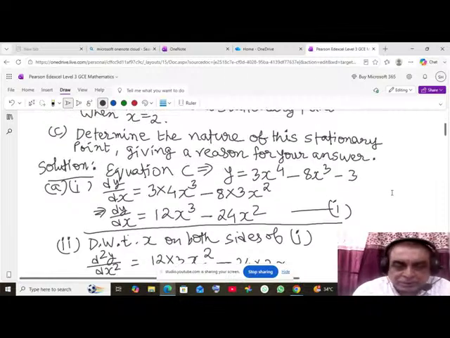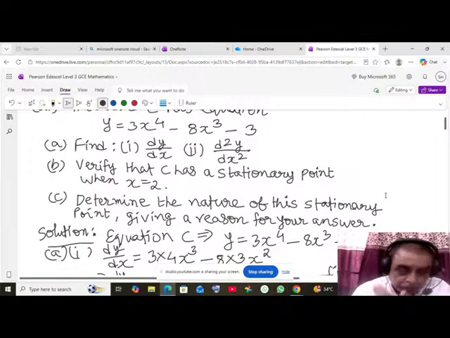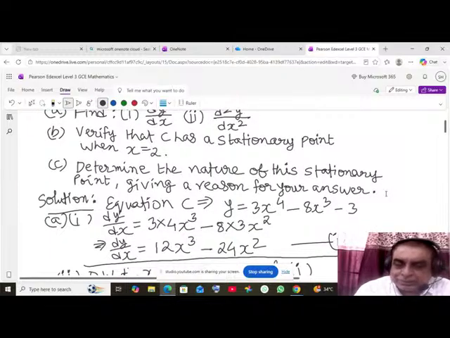Now we are moving to the B part. It is asking to verify that C has a stationary point when x is 2. Stationary point means the turning points. For the turning points, the value of dy by dx becomes 0.